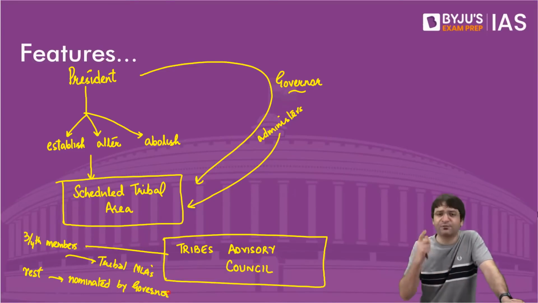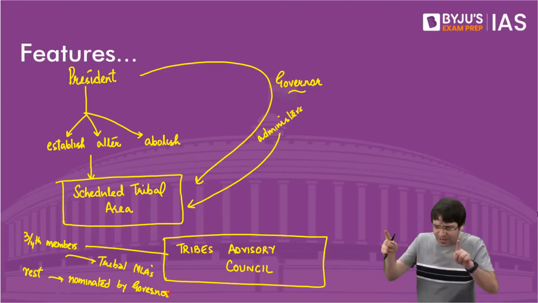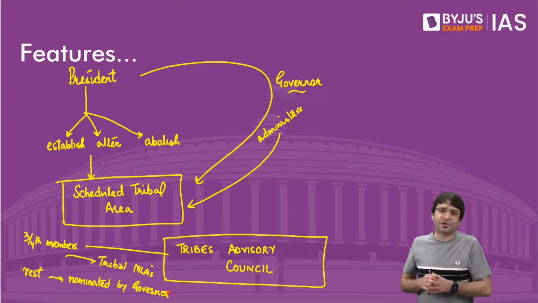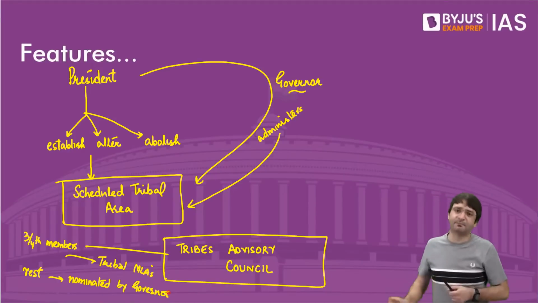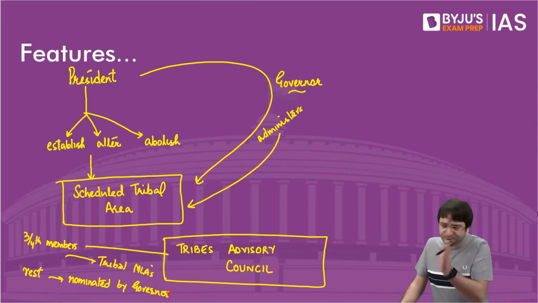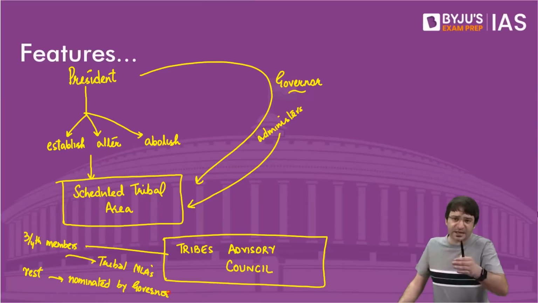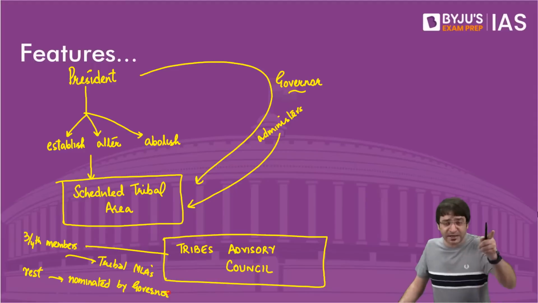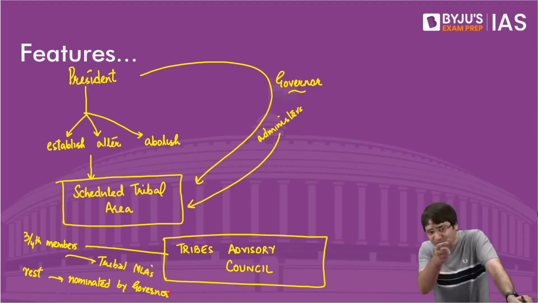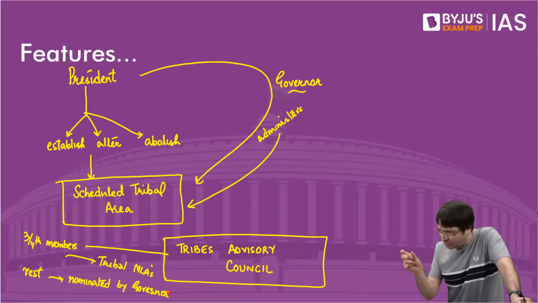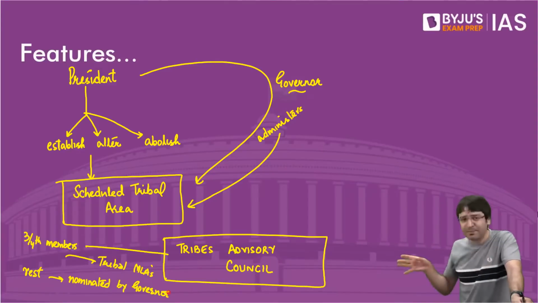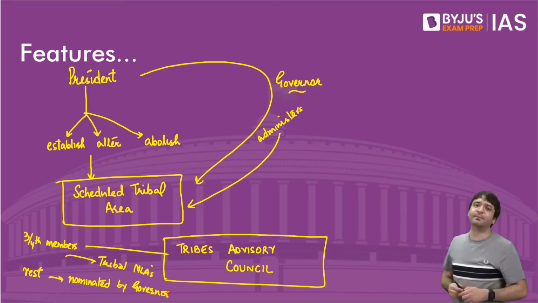Now in Jharkhand, for example, if a Tribes Advisory Council is established by the governor, 3/4 of the members of this Council will be the tribal MLAs. That means in this particular state, where seats are reserved for STs in the Legislative Assembly, those MLAs will become part of this Tribes Advisory Council. 3/4 of its members will be the tribal MLAs. The remaining would be nominated by the governor.